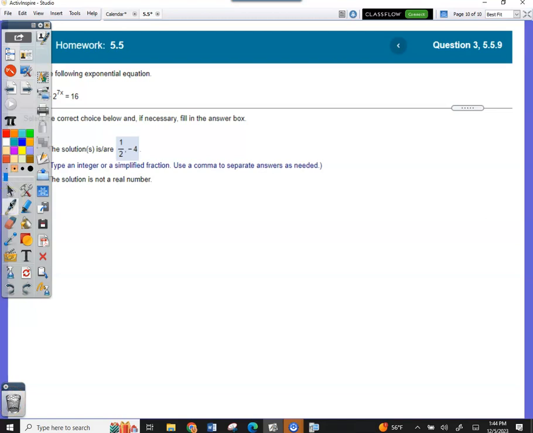Number 3. It's hard to see mine, but it says 4 to the x squared times 2 to the 7x equals 16. It's like a challenge question again. What do you know about 4, 2, and 16?